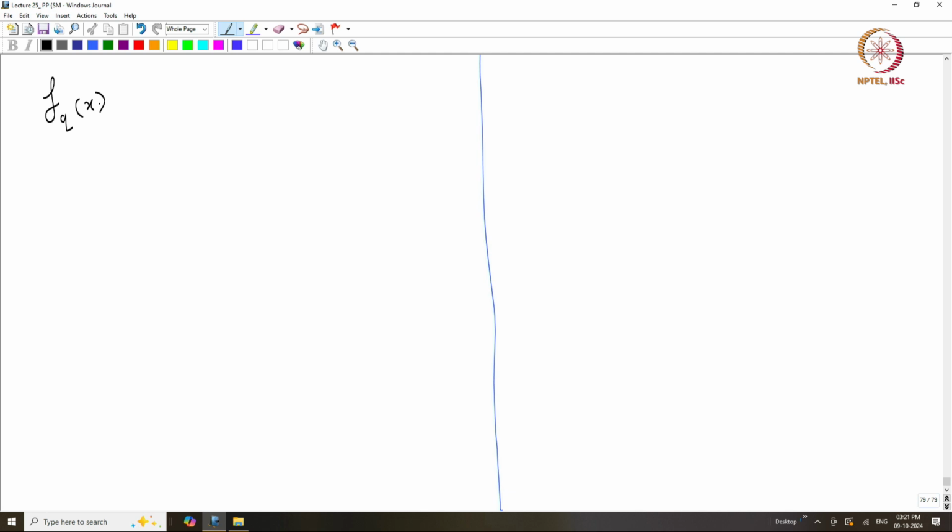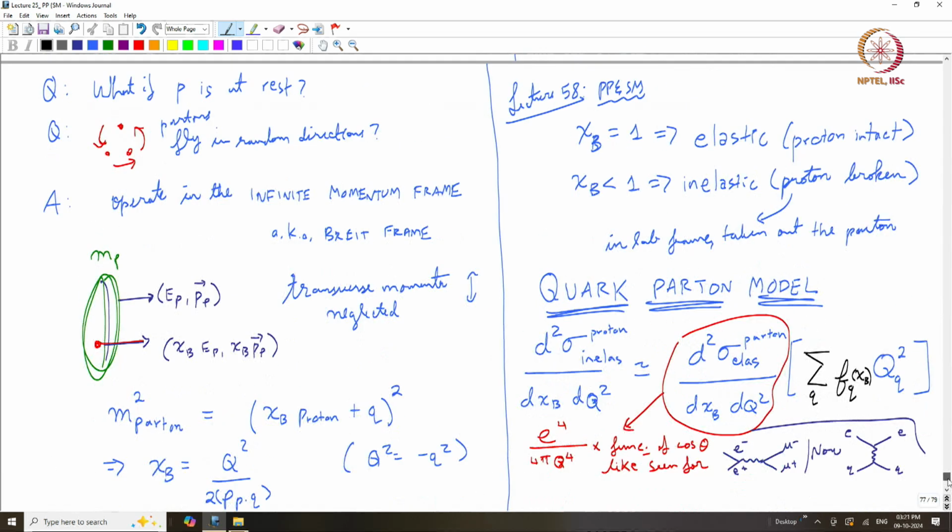this probability distribution function has a name, it is called the parton distribution function, also called PDFs. What does this mean? I kept saying probability, what probability are we really measuring here?